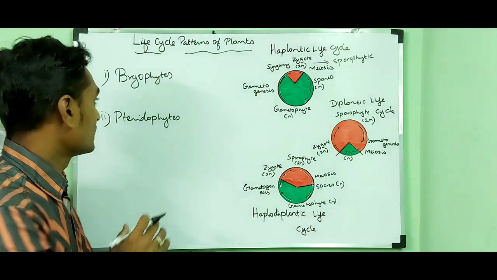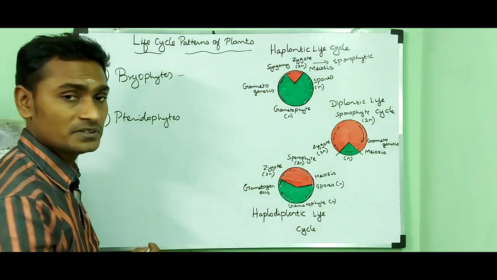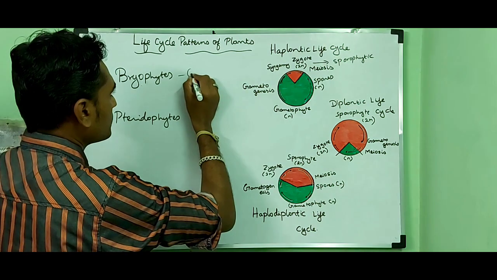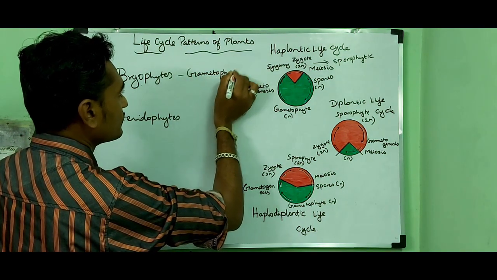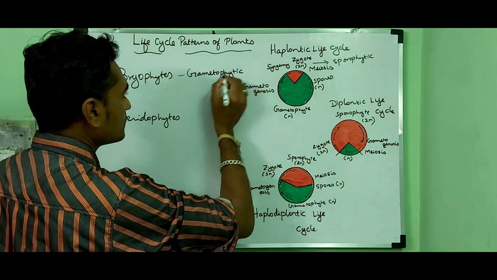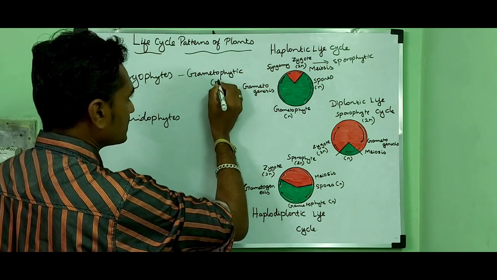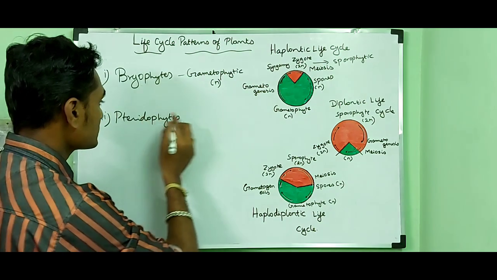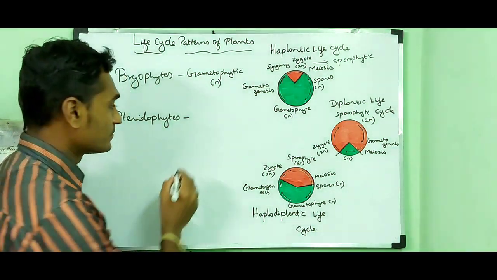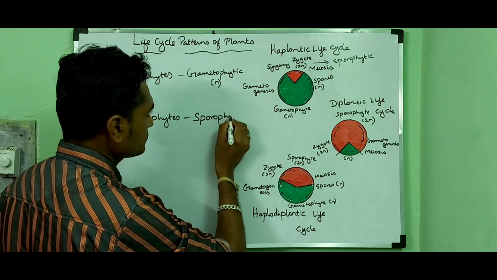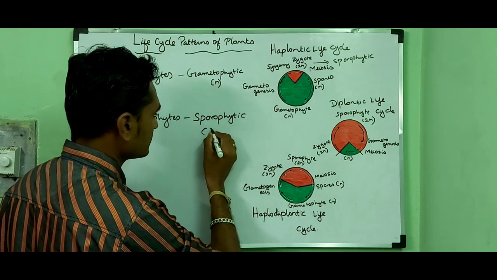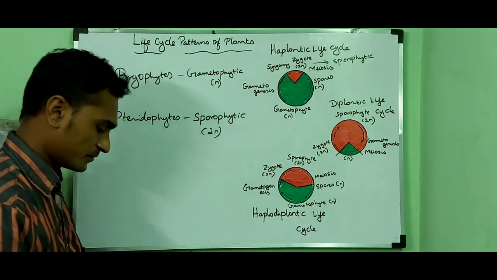In bryophytes, the dominant phase is the gametophytic phase, that is the n phase. While in pteridophytes, the dominant phase is the sporophytic phase, that is the 2n phase.